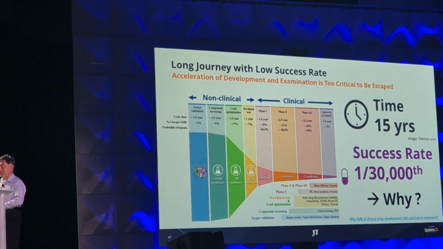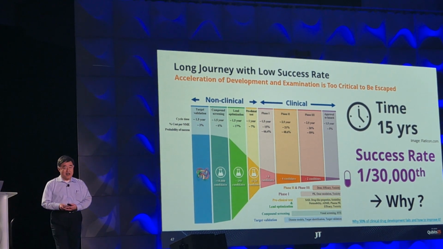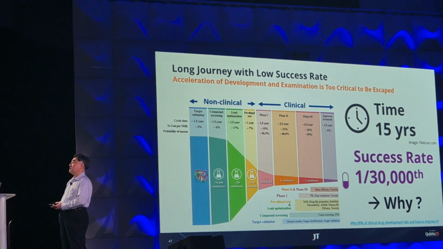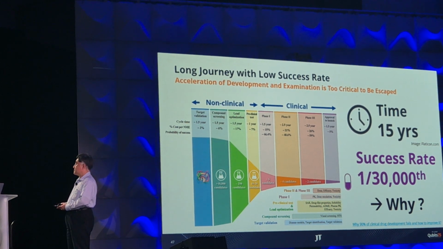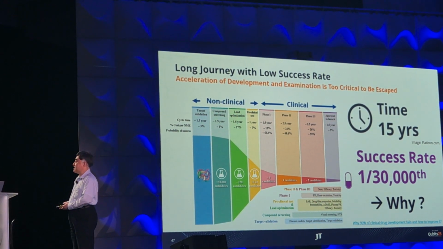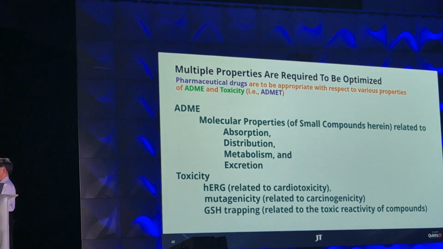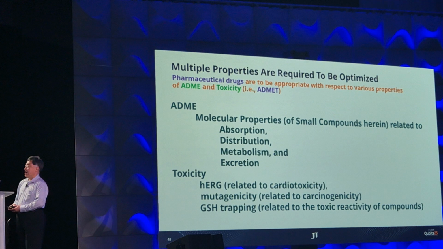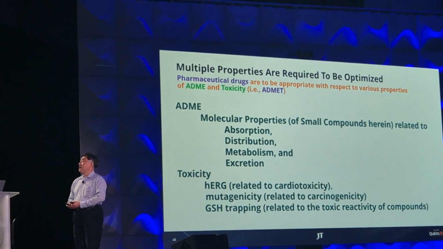Still, as you know, the drug design work is very, very time-consuming, long journey. And also, success rate is very, very lower. So, in that meaning, we need the technologies. What is the reason of such aspect?